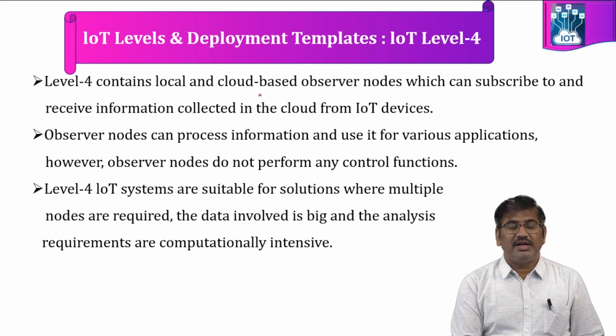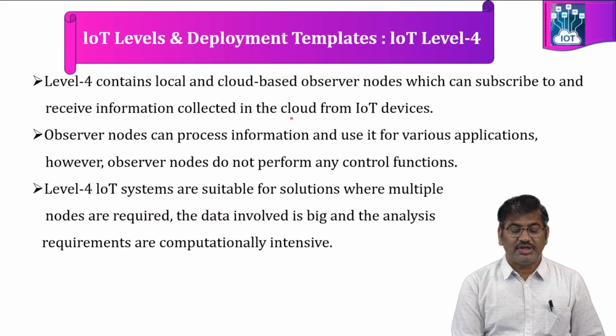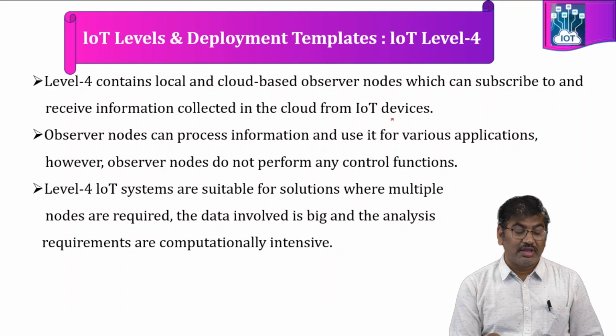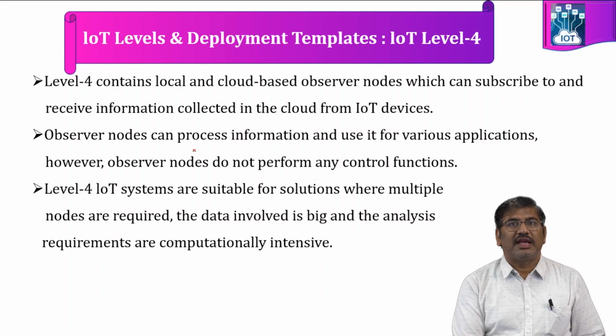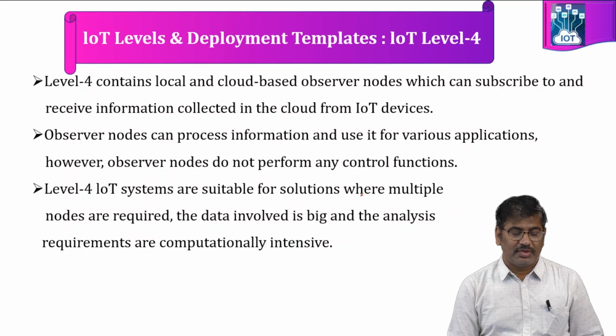Level 4 contains local and cloud-based observer nodes which can subscribe to and receive information collected in the cloud from the IoT devices. Observer nodes can process information and use it for various applications. However, observer nodes do not perform any control function.